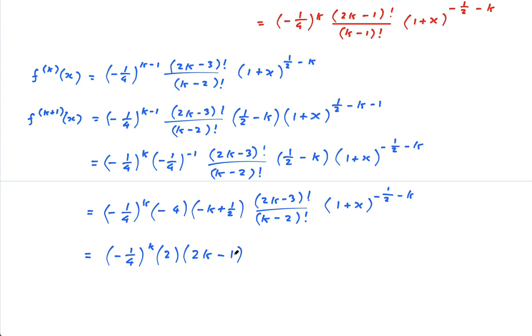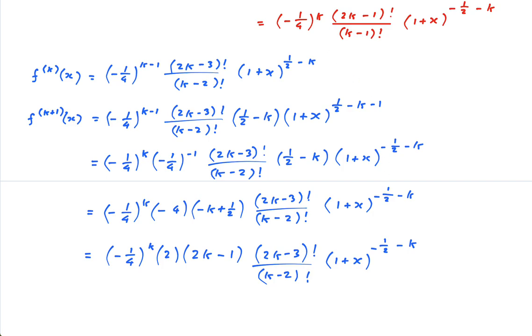And here I have a 2k minus 1. So it's at least heading in the direction of 2k minus 1 factorial. It's not there yet, but it's heading in that direction. The 2 does become useful in a second, but just forget it for now. My goal here was to get the 2k minus 1. So now I have 2k minus 3 factorial over k minus 2 factorial times 1 plus x to the minus a half minus k.